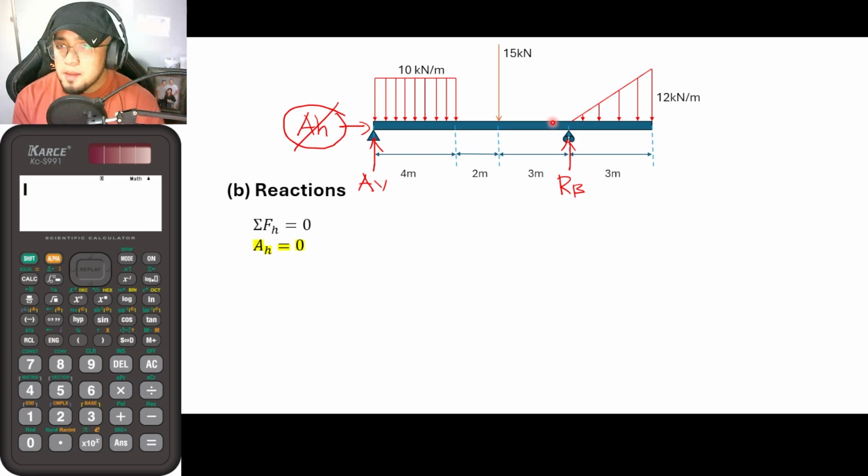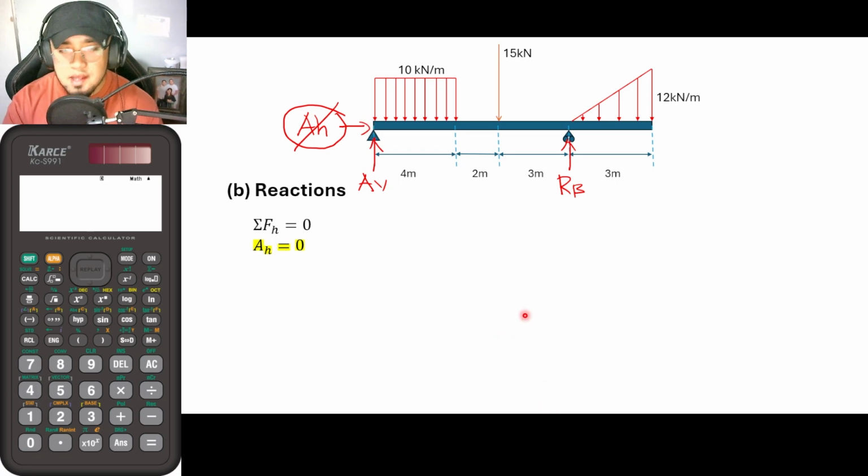So maybe in my approach here, I would make use of the static equilibrium equation of the summation of moment. You could choose any point here, and the summation of moment should be equal to 0. For the sake of our class, maybe I would just choose this point here. You could also choose this point here. Your answer would still be the same. But again, since I am the one solving right now, I would make use of this point.